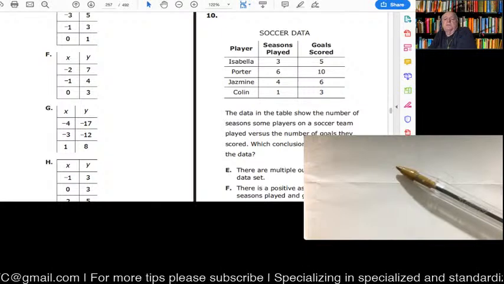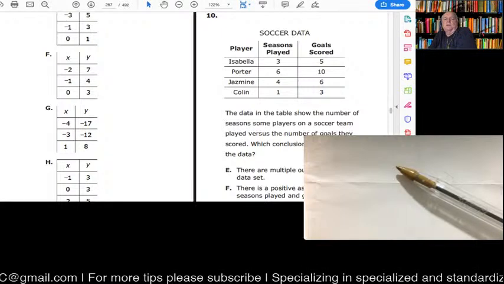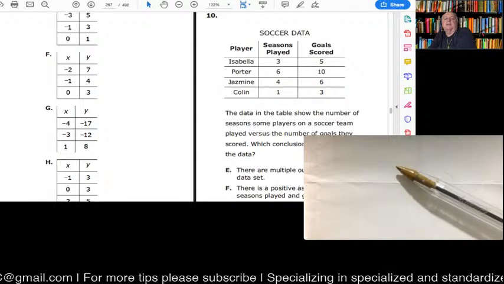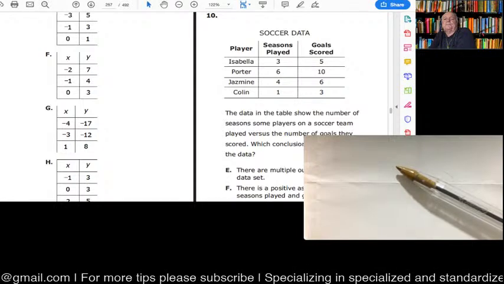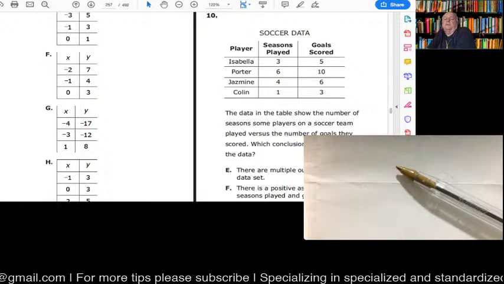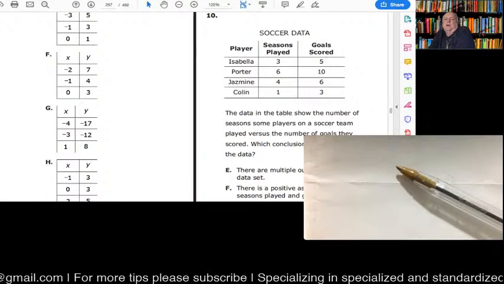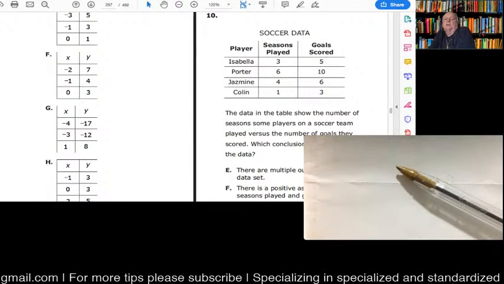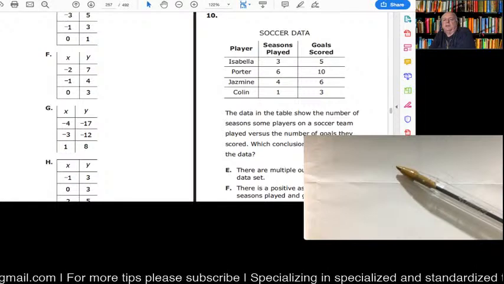So sometimes you need to add things up. But you can just kind of look at things and try to analyze it without reading the question or without reading the answers. It seems like everybody scored a goal. Everybody played a number of seasons. The number of goals scored is higher than the number of seasons played. So there's some multiple there, perhaps.